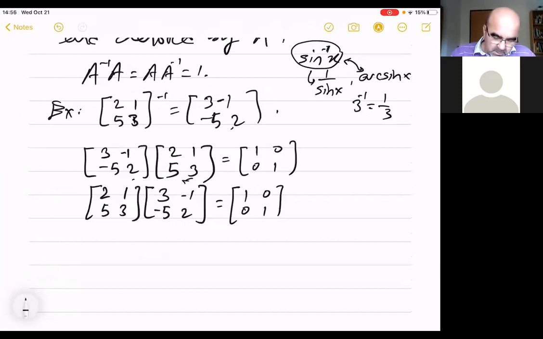So let me give another example. Well, not every matrix is invertible, of course. I will write one matrix, but I don't know if it is invertible or not, but let's check it. If it is not invertible, then we will get into trouble.